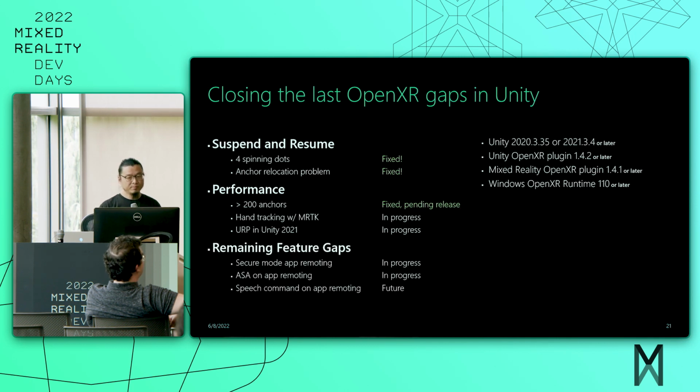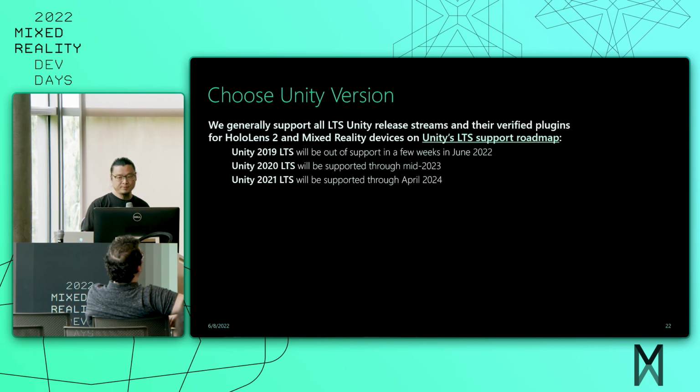There are a few big feature gaps that we have been discovering in the past phase, such as secure mode for the holographic app remoting, which some customers are relying on, especially enterprise customers, and having the Azure Spatial Anchor working across the app remoting scenarios, or in-editor remoting, or speech commands. So we're working through these right now, and hopefully we can catch them up sooner rather than later.